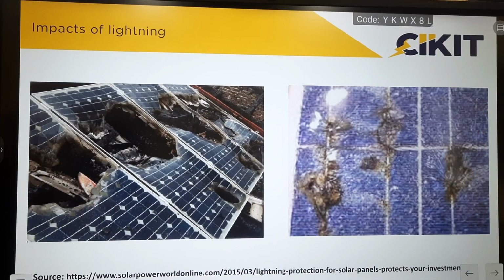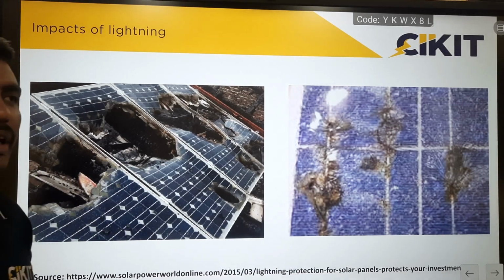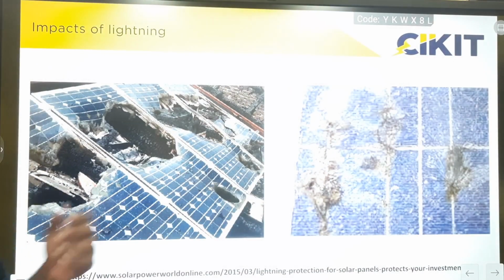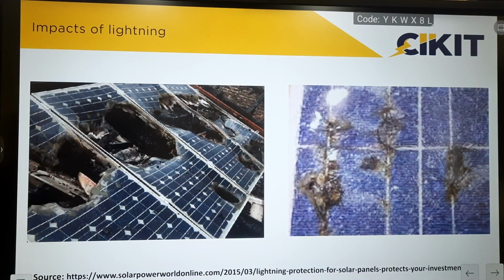These are some of the damages recorded due to lightning. In general, almost 35% of damages in solar farms are caused by lightning. While lightning happens, a huge amount of heat is produced. If we take solar panels as an example, we have three types of solar installations: rooftop, ground mounted, and floating solar.